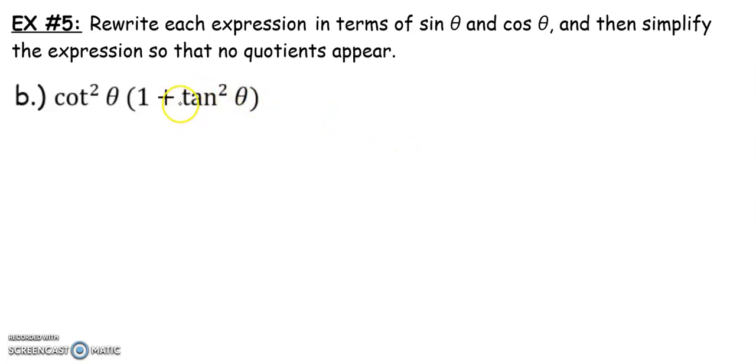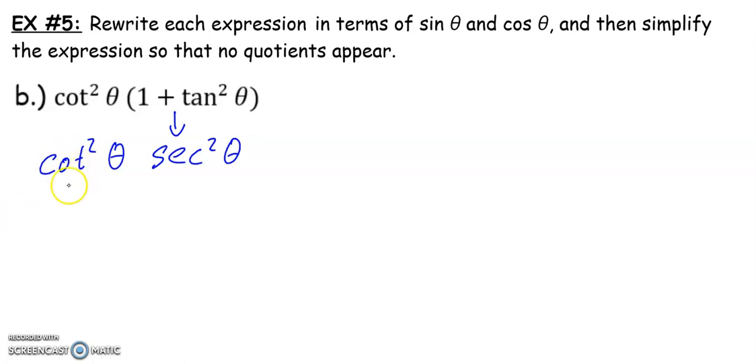Or, do one of my Pythagorean identities deal with this? Well, yeah, 1 plus tangent squared, or we have it written down tangent squared theta plus 1. This becomes secant squared theta. And we're going to bring down our cotangent squared theta, and we're going to multiply them together.